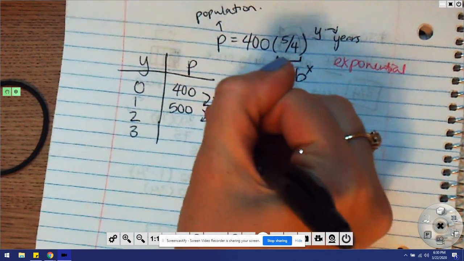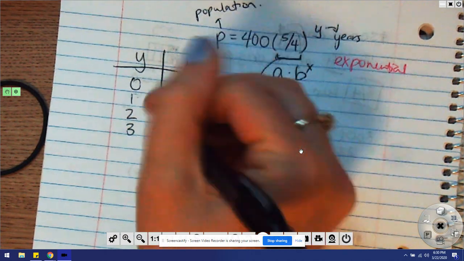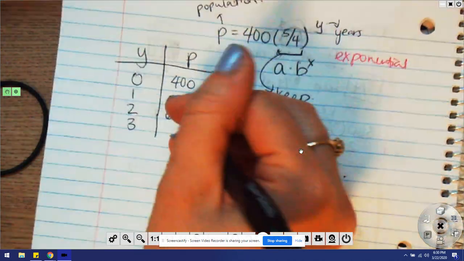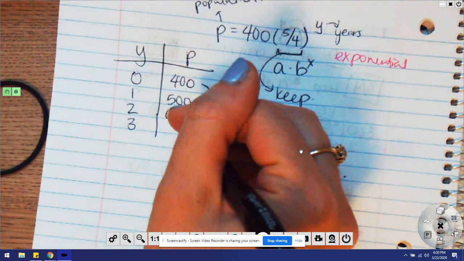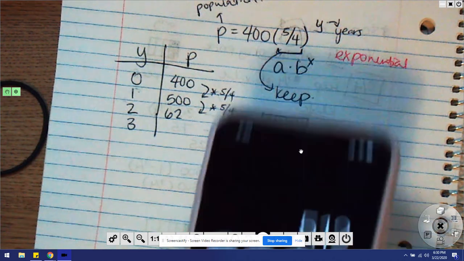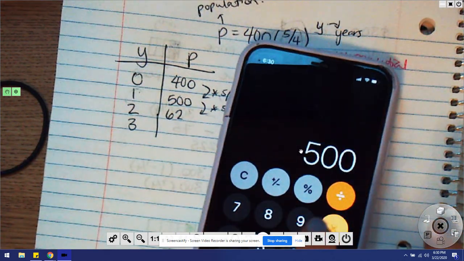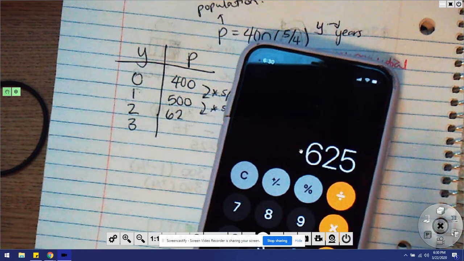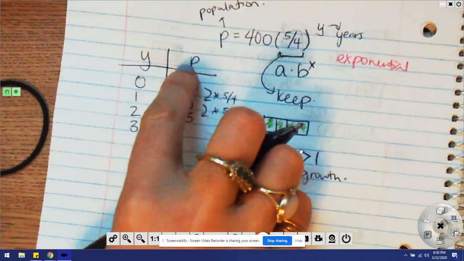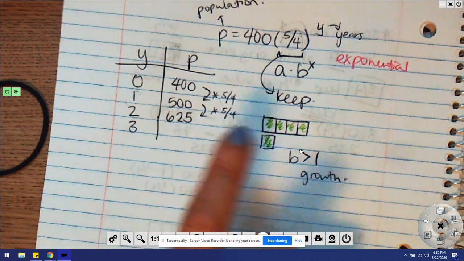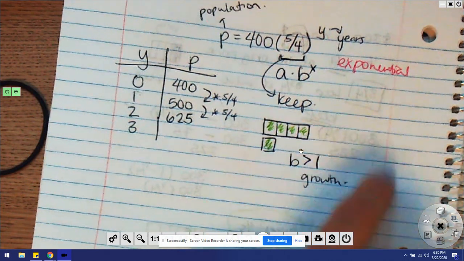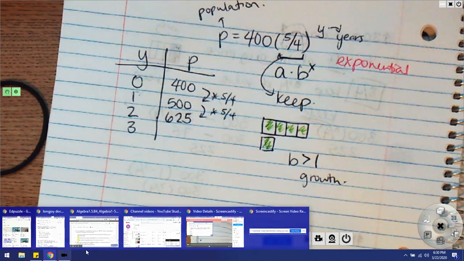If I take that and multiply it by 5/4, I ended up with, I think it's 640. Let me double check on my calculator. So 500 times 5/4, 625. So I can start to see that this is definitely a growth function. I know it from my equation because 5/4 is more than 100%.